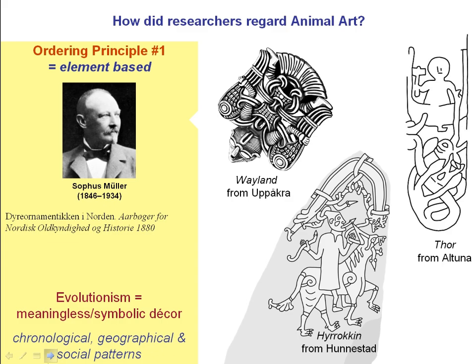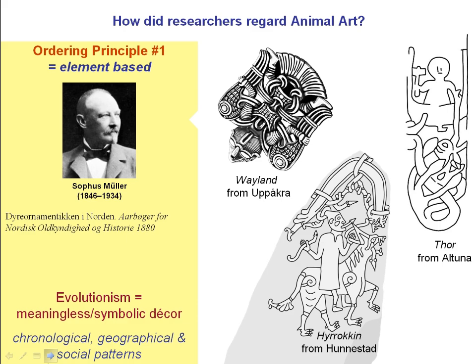So this was the time of Sophus Müller, a really great Danish archaeologist and scholar who did much good to archaeology, but in regard to animal art also set a stop for mythological interpretations for almost a century by writing a scathing review of elder research. He just put it to total ridicule.